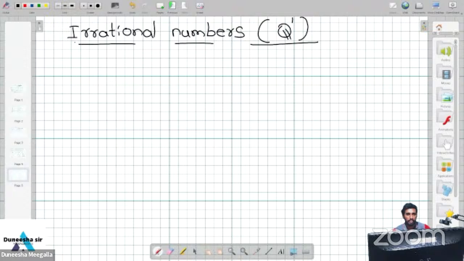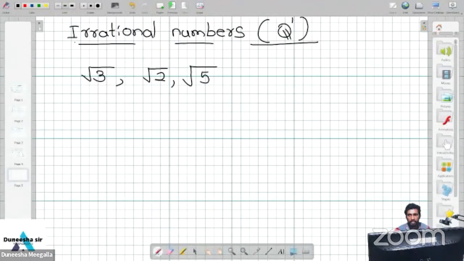Okay, then you can get examples for irrational numbers. Irrational numbers are every root. Root 3, root 2, root 5, every root we can get as an irrational number.